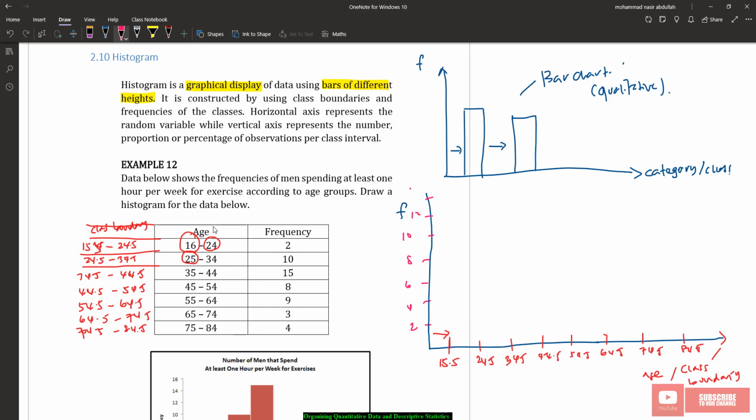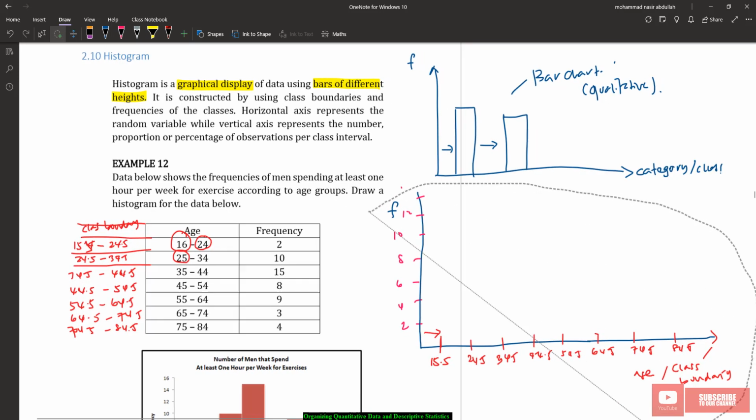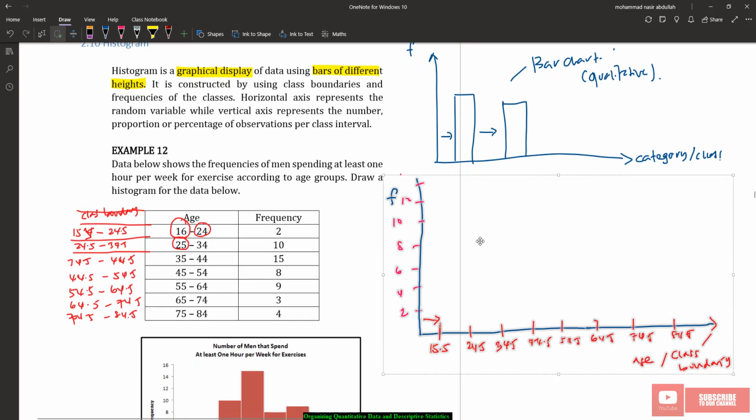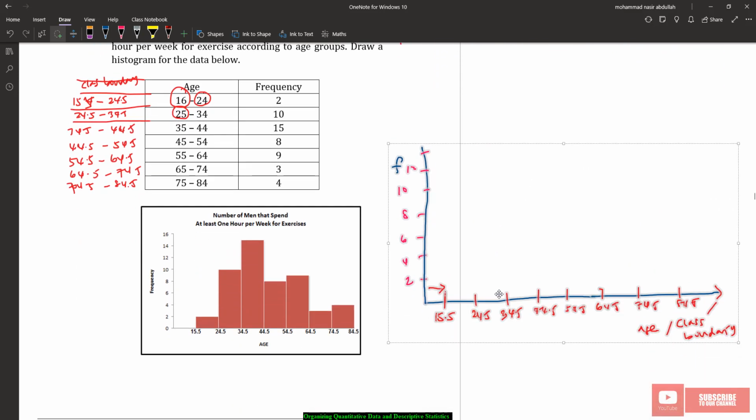So now, let me copy this one and move it down a bit. Alright. So 12, 14, 16.